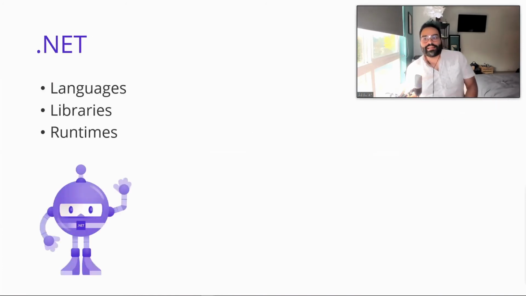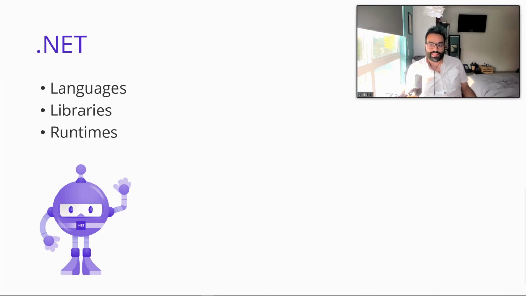.NET is a set of programming languages: C#, F#, and Visual Basic. It also contains a couple of libraries, and you can think about libraries as toolboxes made for specific languages.